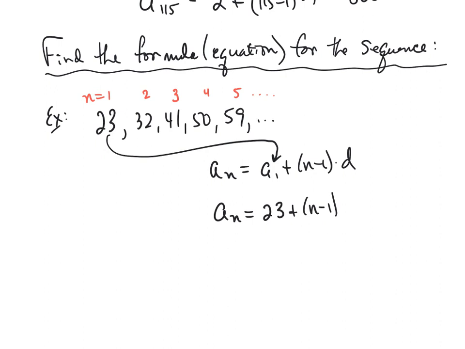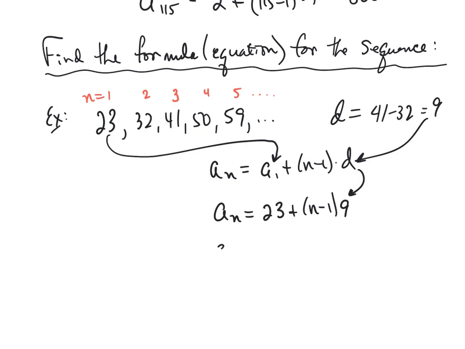And please notice what happens if I replace d with the common difference. And again, how do we find that common difference? We take any one of the terms in the sequence and subtract the term that comes directly before it. So as an example, if I were to take the 41 and subtract the term that comes before it, we get 9. So I could replace d then with 9.